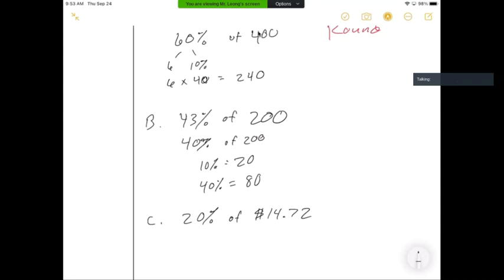Good, Allison. Good, Jaden. All right, if you're having trouble, I'll give you a hint. I'm going to round $14.72. To me, that's basically $15. So we're going to round that first. And again, I want you to try to do this without your calculator.